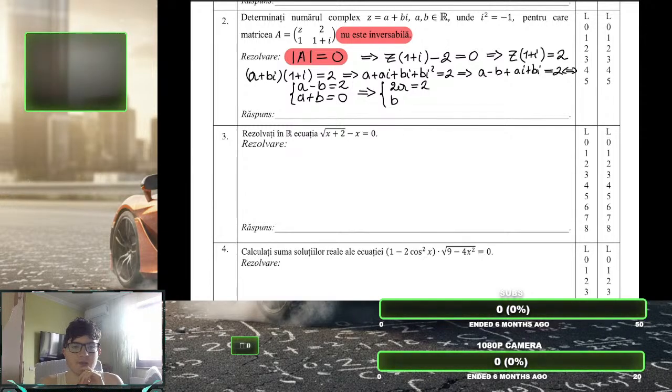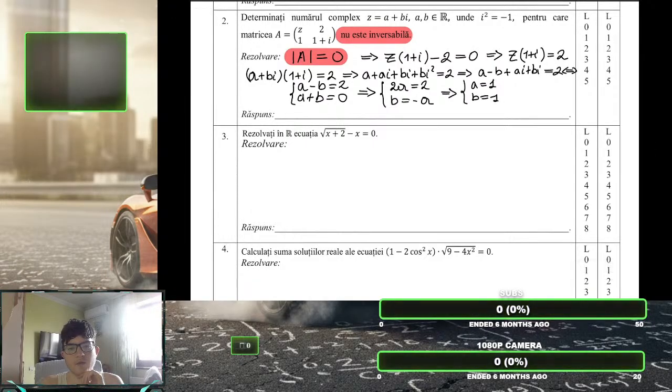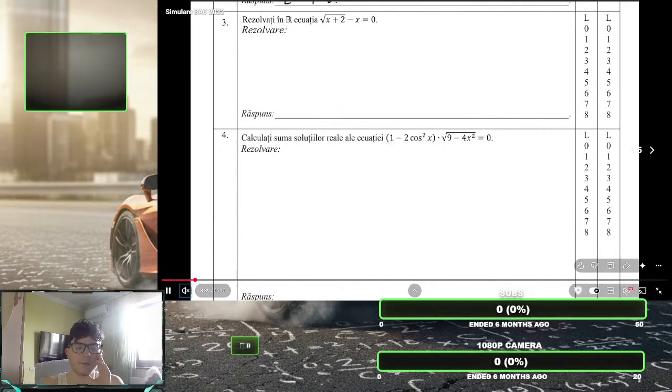Doesn't really make sense, because shouldn't it be that 2a is gonna be equal to 2 divided by minus b, and like that b is minus a. Well, yeah, that makes sense. Anyways, a is 1. What kind of method is this? Anyway, z is 1 minus i.